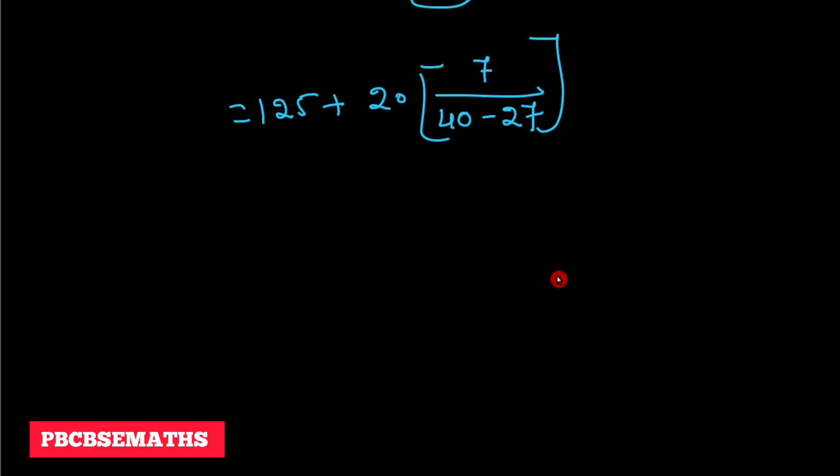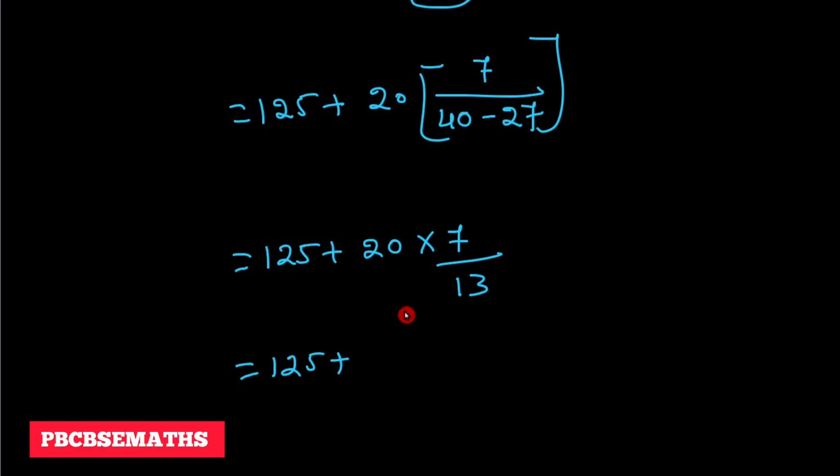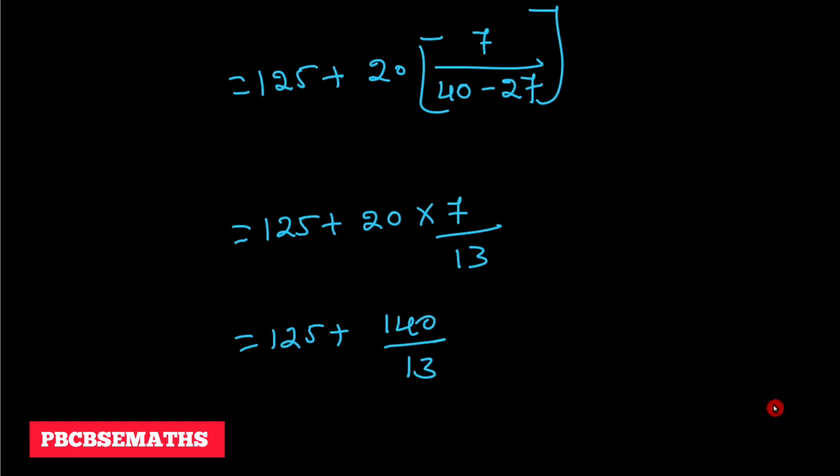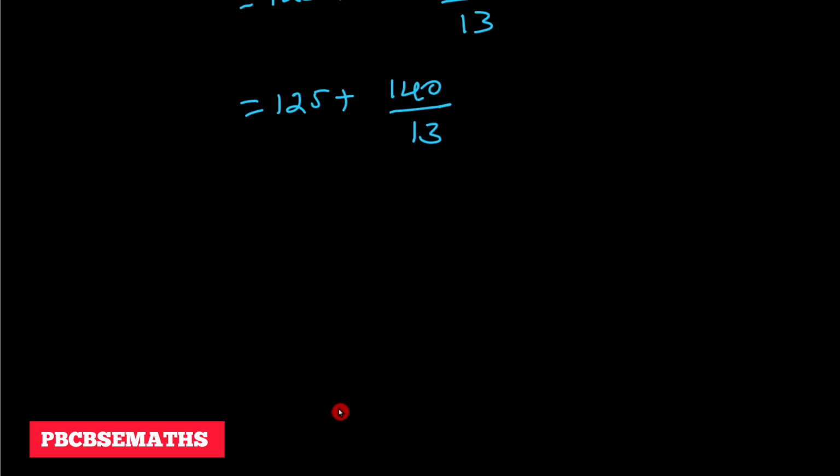Then we get 125 plus 20 into 7 divided by 40 minus 27, which gives us 13. So let's write that 125 plus 140 by 13. Further simplification gives us 13 ones are 13.